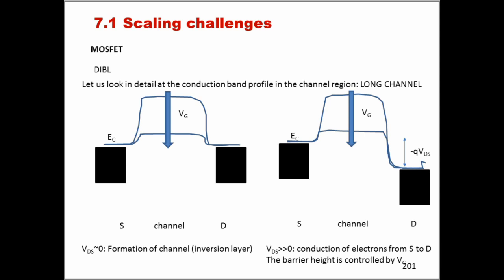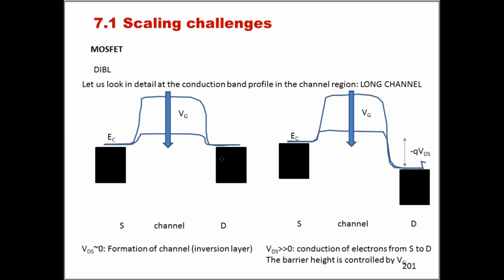We've just seen a few slides ago that the key point in the operation of a standard long channel MOSFET transistor is that the gate voltage affects clearly just the channel, and the drain voltage affects just the drain, or the interface with the channel region. And this is what this diagram here is reminding us once again.